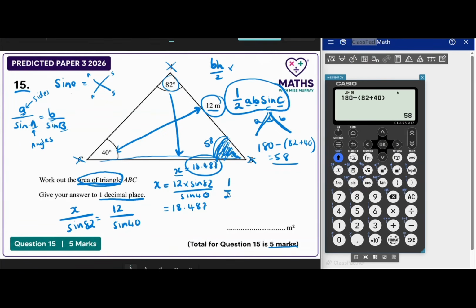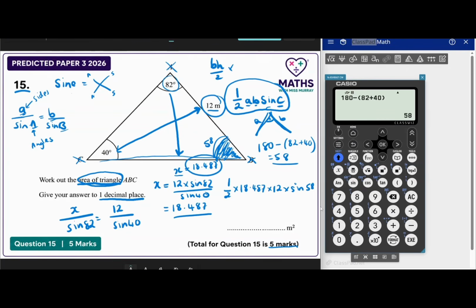So my two sides are, now here is where you can't use the answer button actually, because I've already got 58, so it would put 58 in. So I'm going to have to use this. Times by 18.487, that's A or B, doesn't matter, times by the other side that I've got, which is 12, times by sine of the angle I have between them, which we've just worked out, is 58.